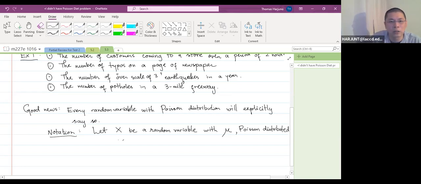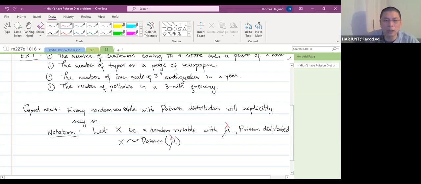And the notation will be, X is distributed Poisson mu. Okay, some textbooks use lambda. So instead of using mu, some textbooks use lambda here.